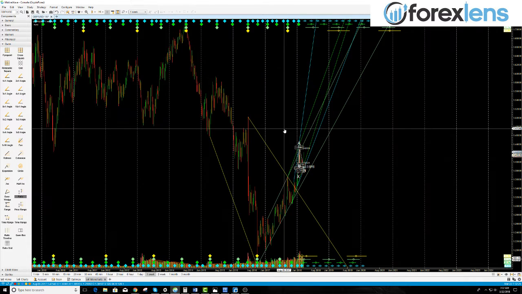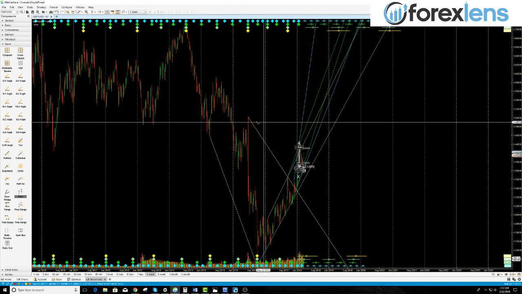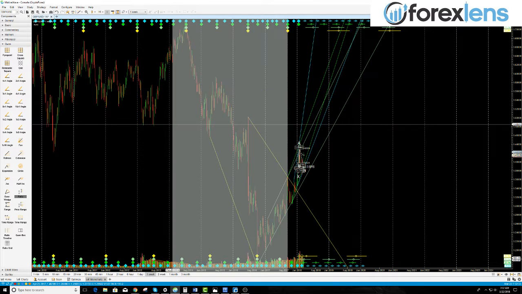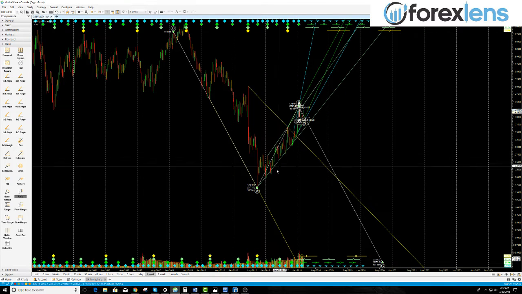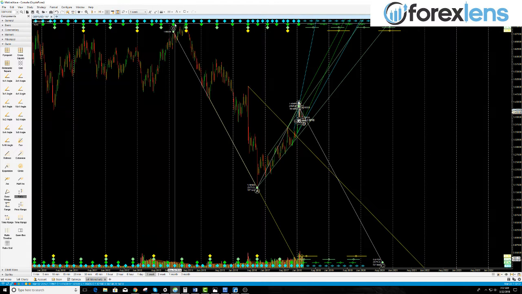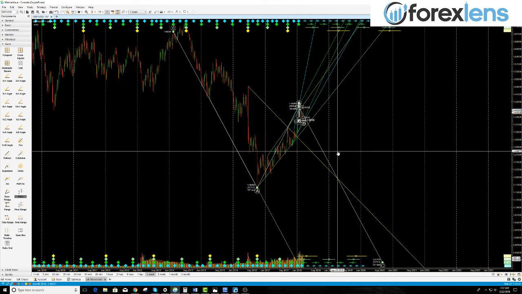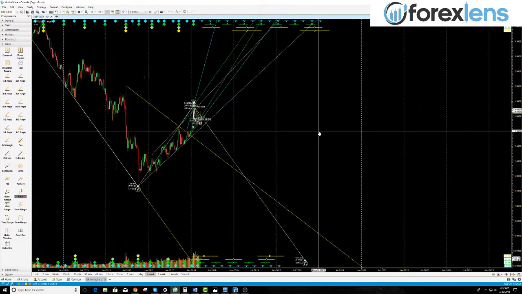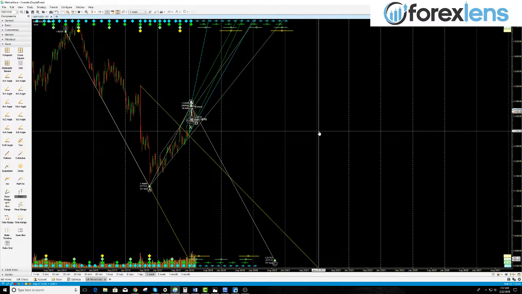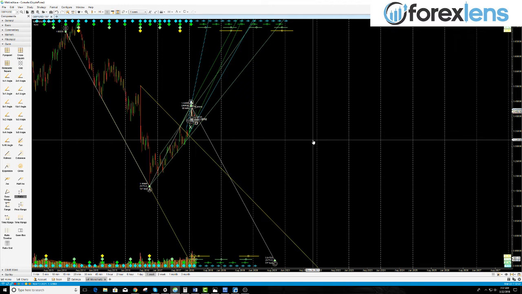Oh, that's the auto Gartley. So Elliott wave, talking about this corrective wave, A, B, C is what it says is the next move. Possibly, we'll have to see.